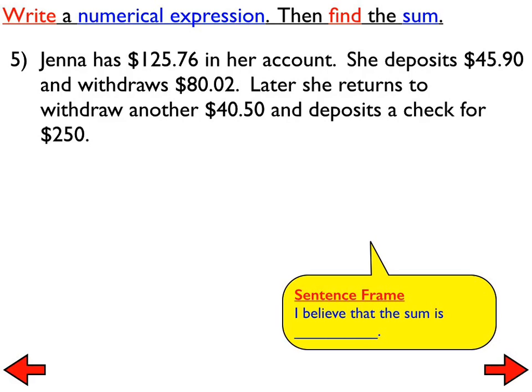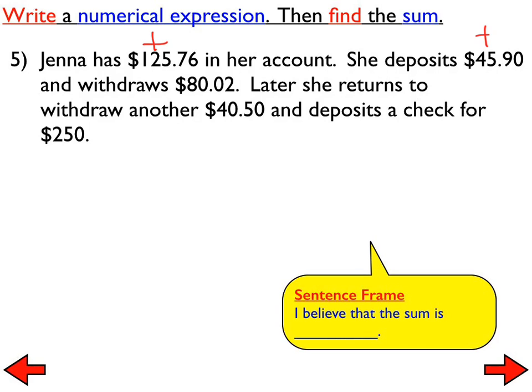The $125.76, is that a positive number or a negative number? Positive. Okay, so I'm going to write a little positive just so I know that. The $45.90, is that a positive or a negative? Negative. Well, some of you are not sure. She deposits. That means she puts another $45.90 in her account. So what would that mean?